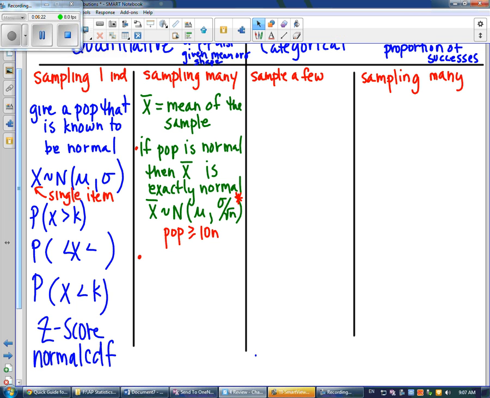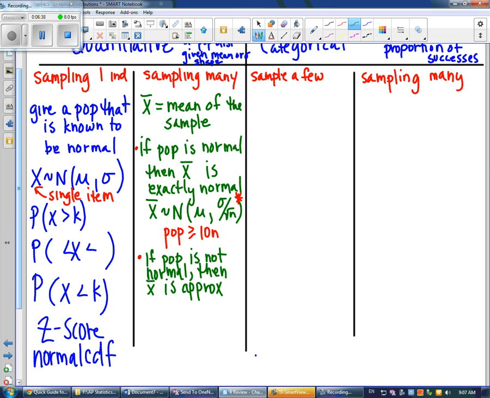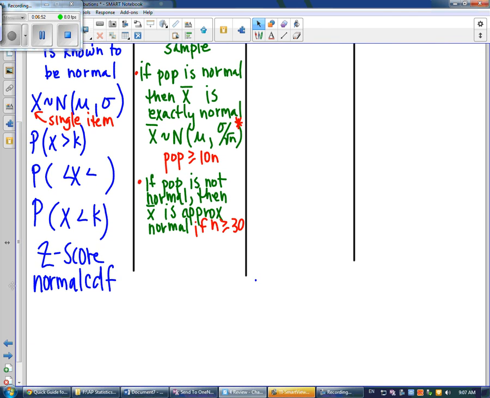If the population is not normal, then X bar is approximately normal, if n is greater than or equal to 30. That's another condition you need to check. Then it's the same parameters: mu and sigma over the square root of n.